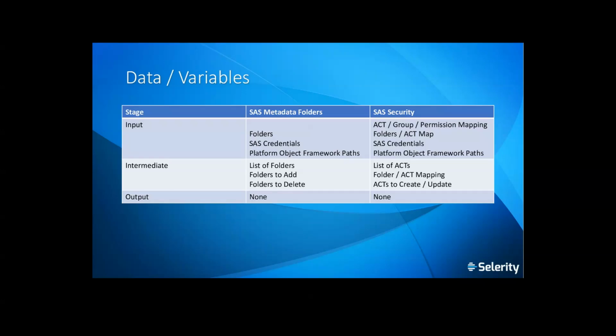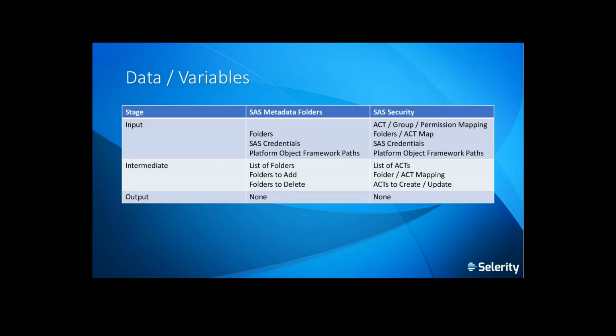So when we think about this process, there's some key input data that we need. We need a list of folders. We're going to need SAS credentials. We're going to need the SAS platform object framework paths. All of these tasks, in order to automate, we're going to use the command line tools within the platform object framework folder of your SAS install.